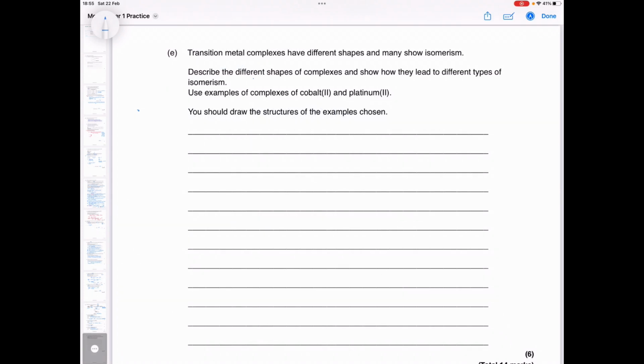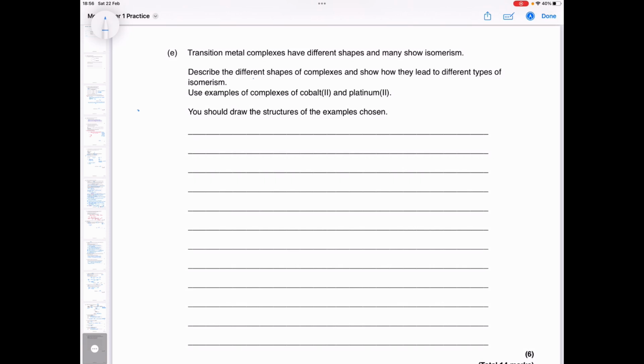Okay, this question is a 6-mark question, so it'll be a 3-stage question. It says transition metal complexes have different shapes and many show isomerism. Describe the different shapes of complexes and show how they lead to different types of isomerism. And you should use examples of complexes of cobalt-2 and platinum-2.